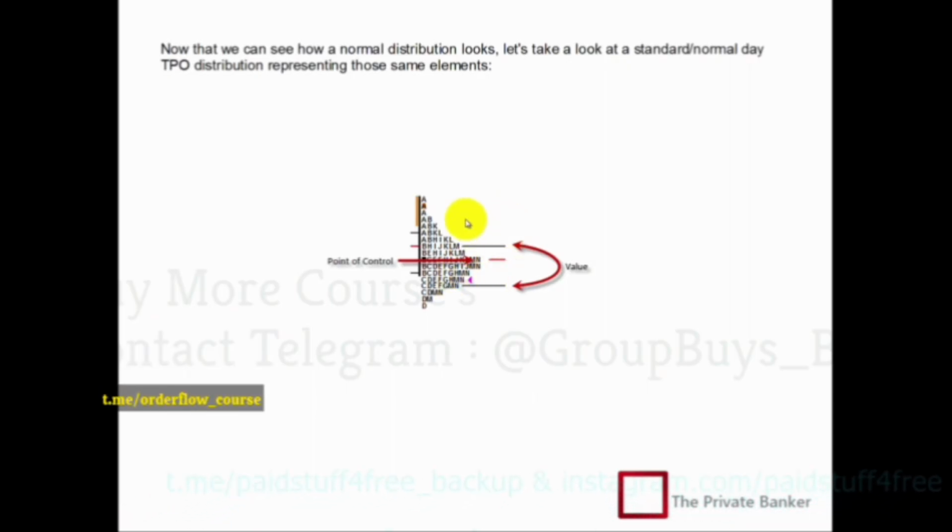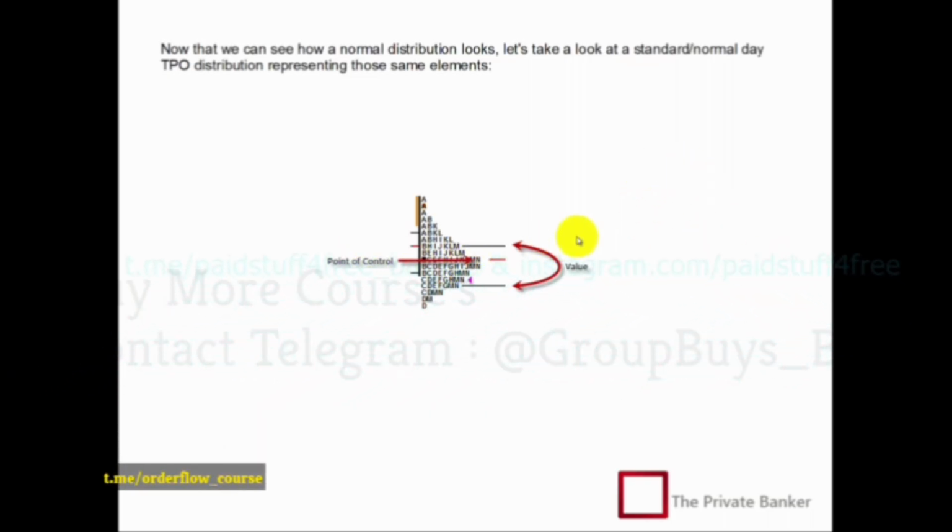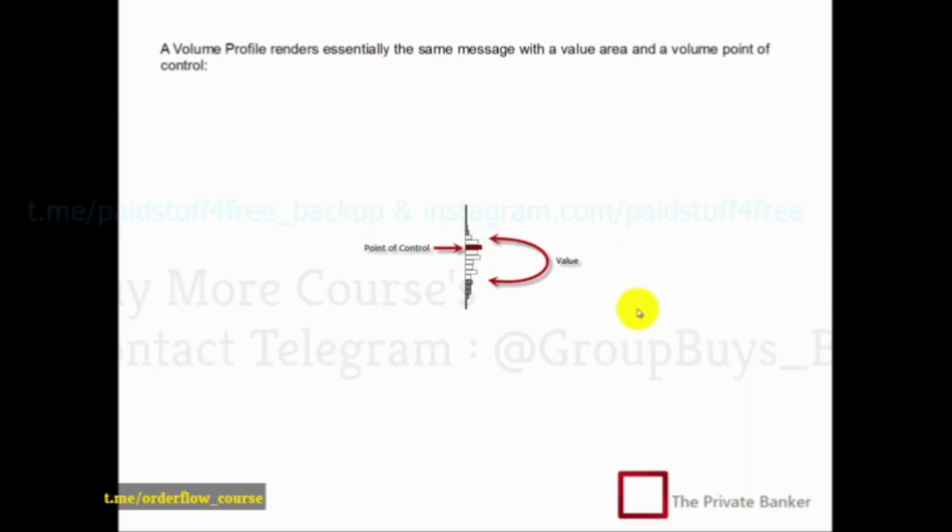Here's an example of a TPO profile. We've got our value area, and we've got our point of control. Very straightforward, similar to the bell curve. Here's a volume profile, similar thought. This white area is our value area, with the red line here as our point of control.